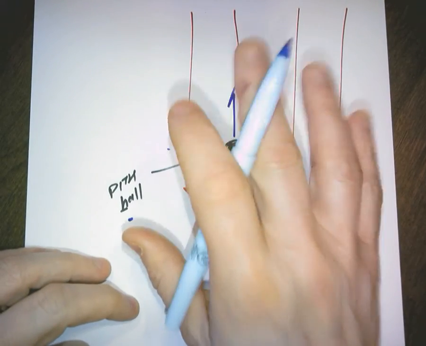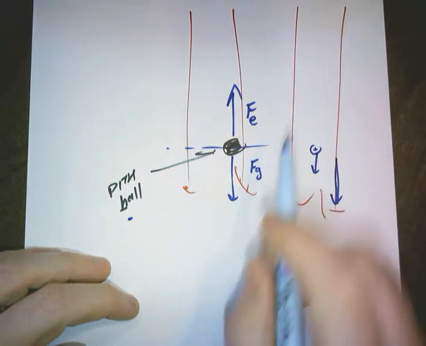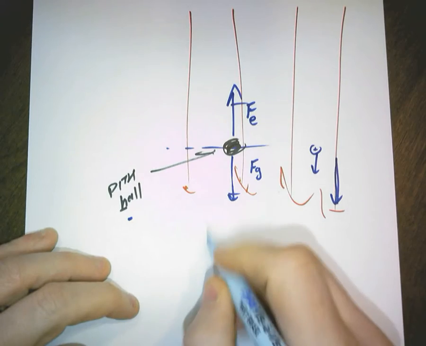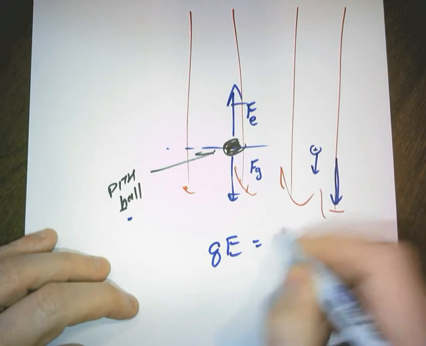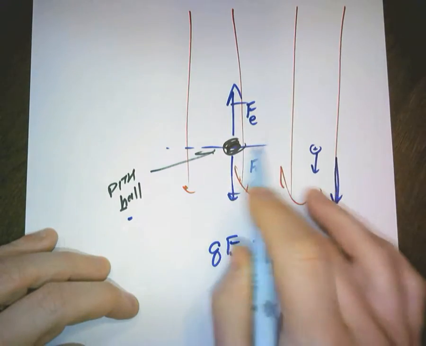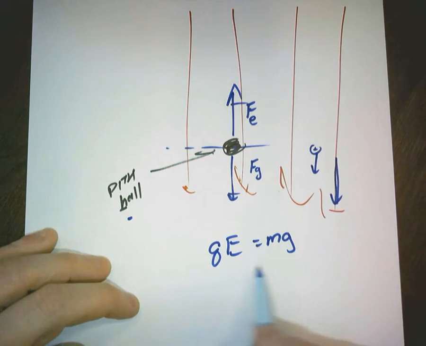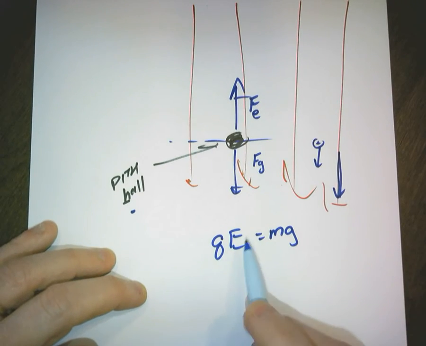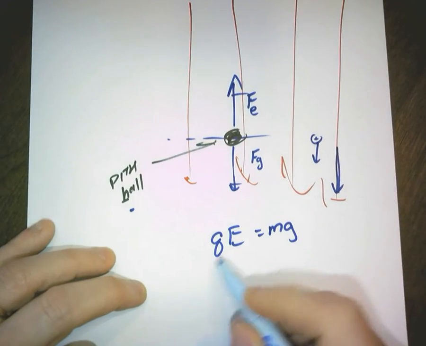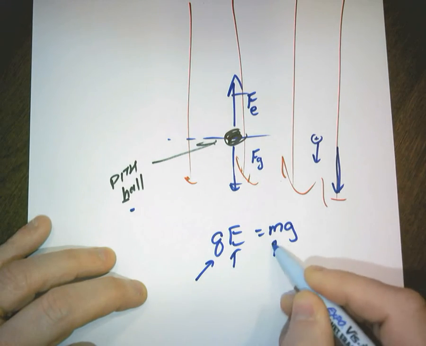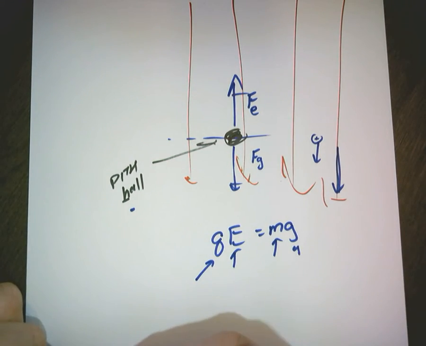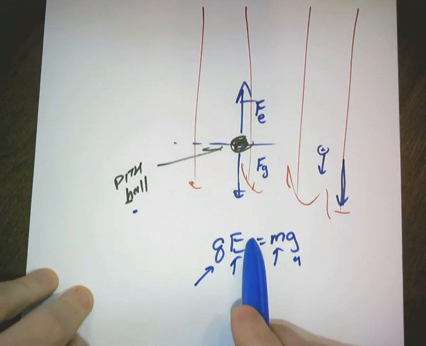We'll talk more about Millikan in class, but you can pretty much balance and float little particles that have small amounts of charge by doing this. And so, if you know any three, you can find the fourth. And that's the mechanical side of this electricity stuff we do.